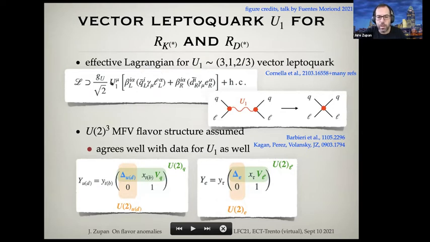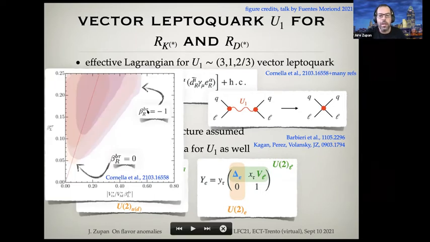Sorry, I misspoke. The effective couplings of these leptoquarks we will denote with these betas. When you integrate the U1 out, you get these effective C9, C10 Wilson coefficients.